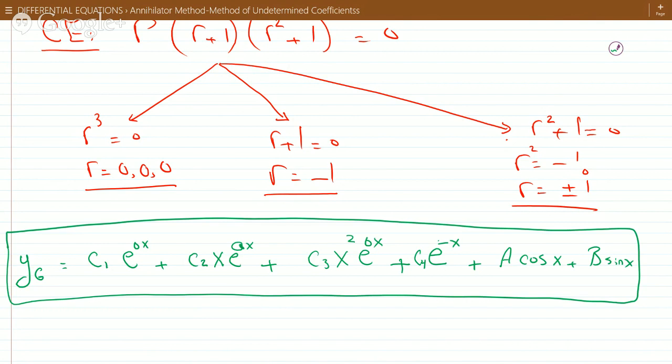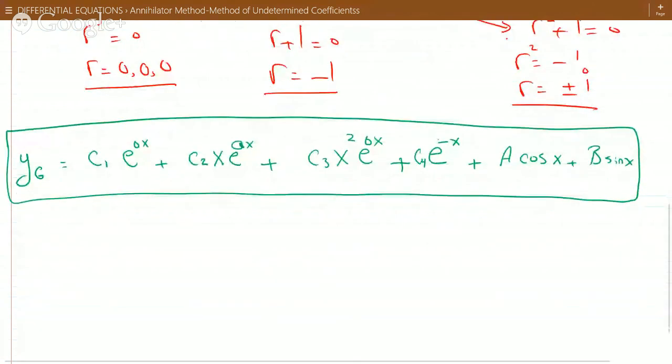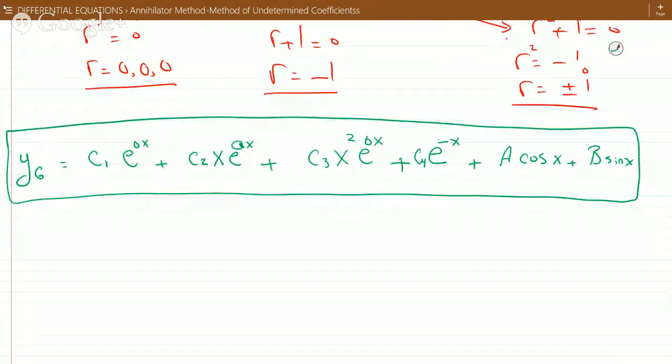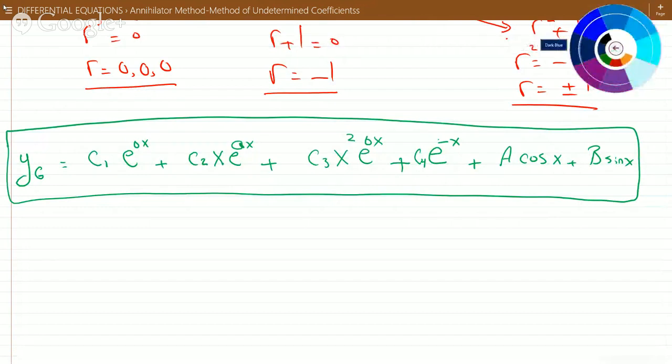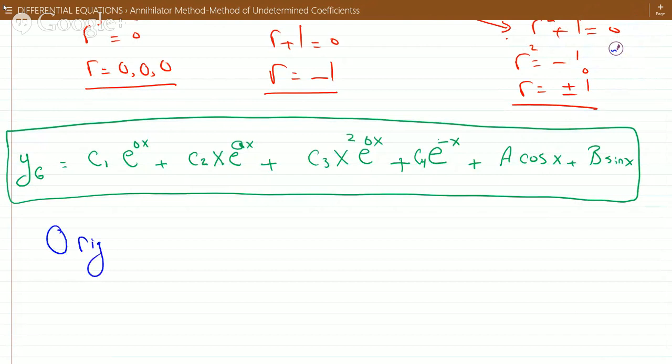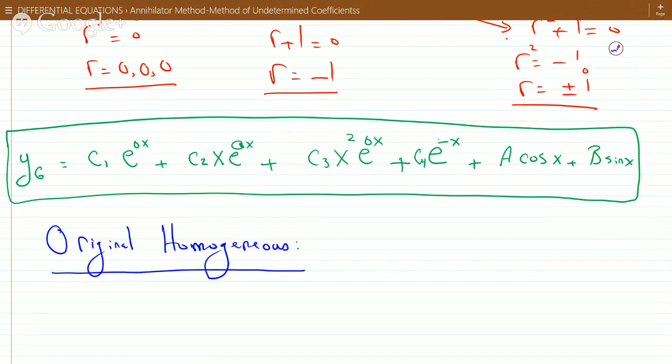This is y general. Now, in order to get to my particular, I need to solve the original homogeneous. You follow? What's the original homogeneous? You set the right hand side equal to 0.